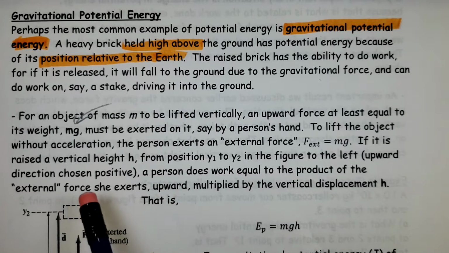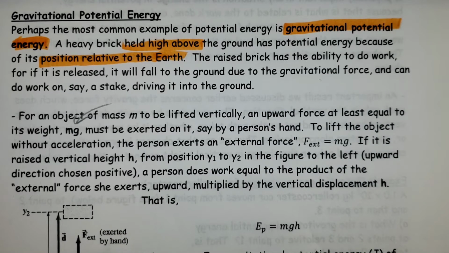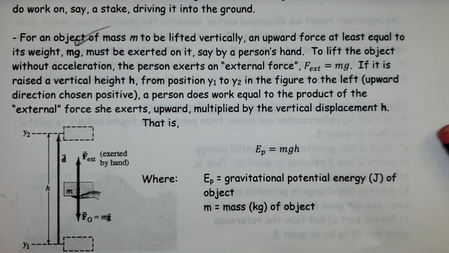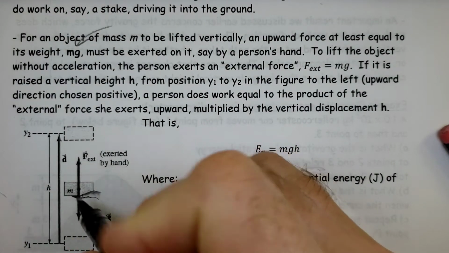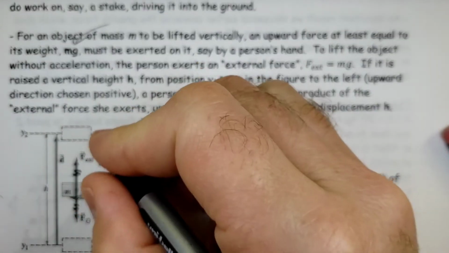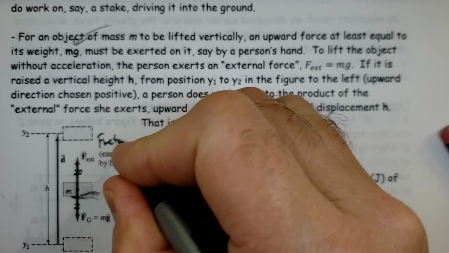To lift the object without acceleration, we would have this, right? If you take a look here, we have Fg pulling down, F exerted by hand pulling up. These would be equal and opposite, giving a vertical F net equals 0.